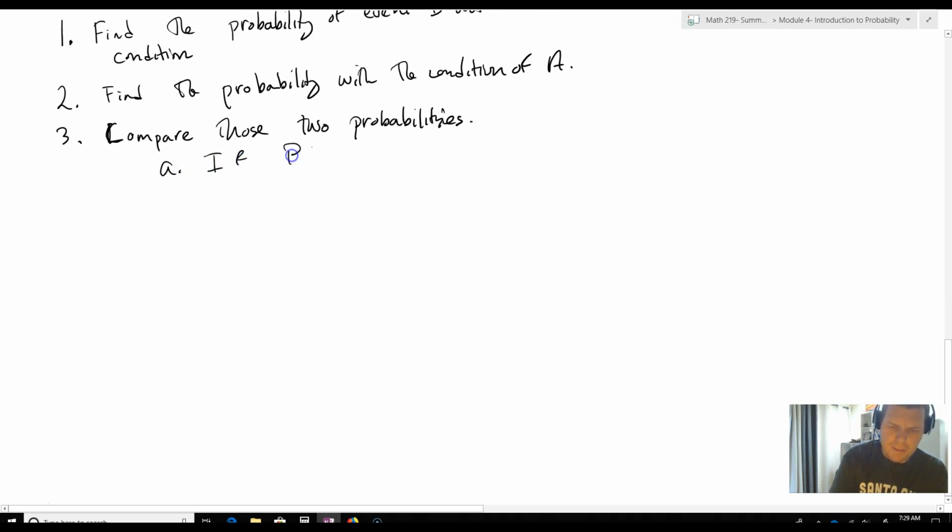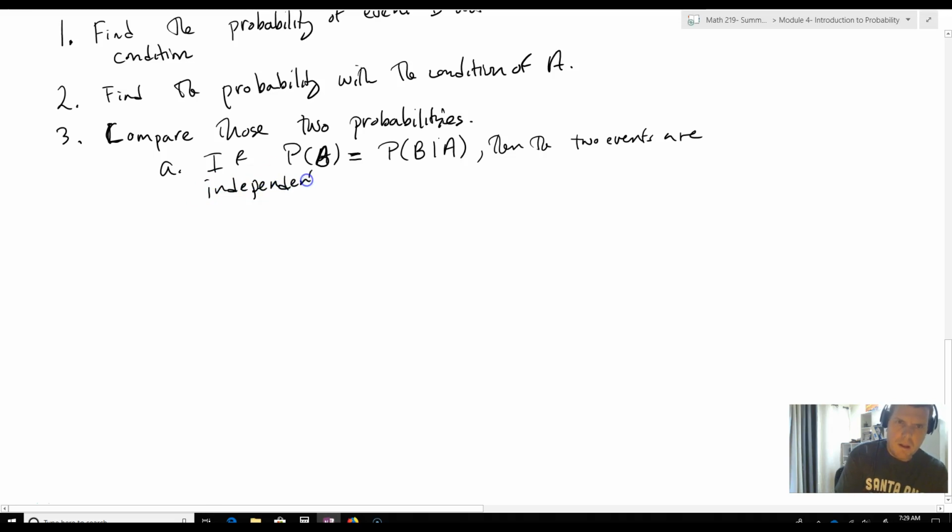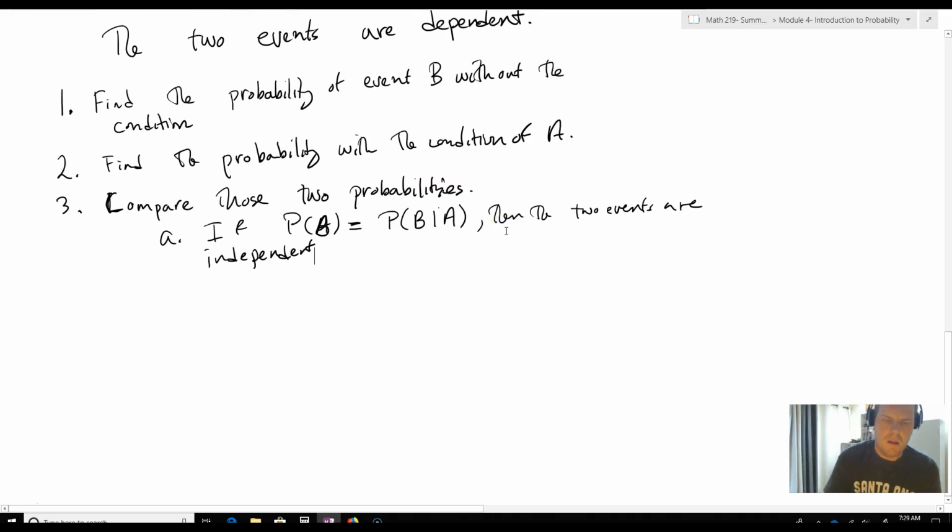If the probability of B equals the probability of B given A, then the two events are independent. If, on the other hand, the probability of B does not equal the probability of B given A, then the two events are dependent.